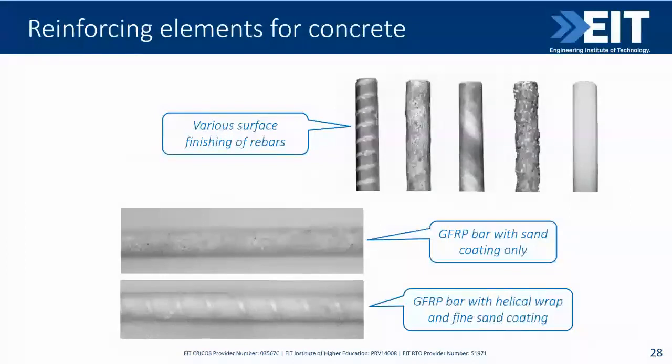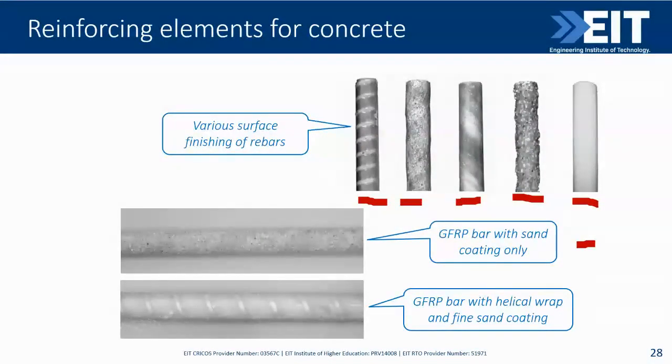If we compare this to steel, the methods are different, such as coating. We see various surface finishing, ranging from coarse sand to fine sand, glass, to improve the adhesion.